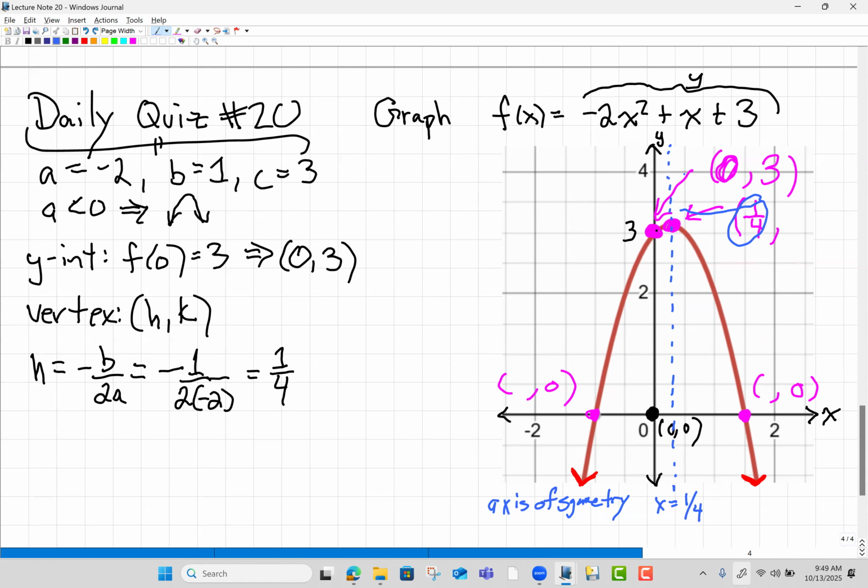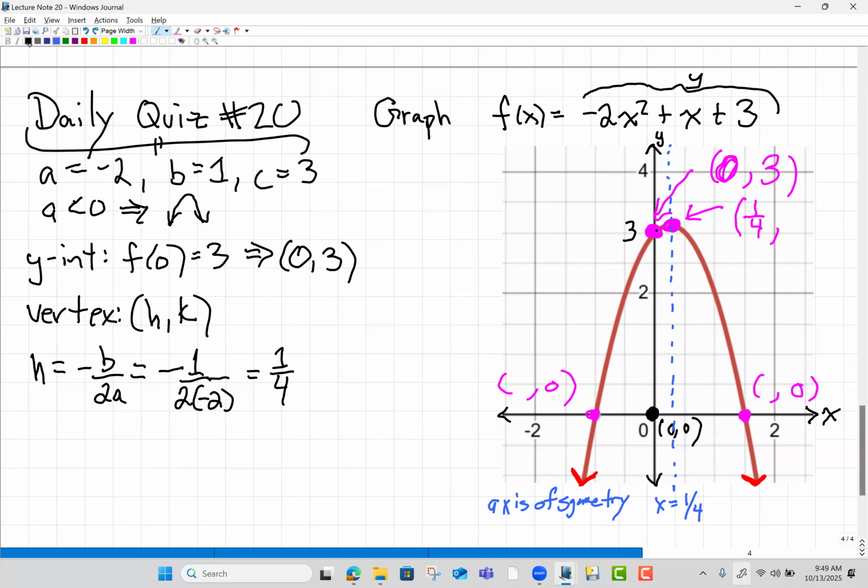So pretending like we don't have this graph, we would know that our vertex is somewhere on this blue line. What we need to find out is the y value. Well, that's what the function does. If you give it an x, it'll tell you the y.